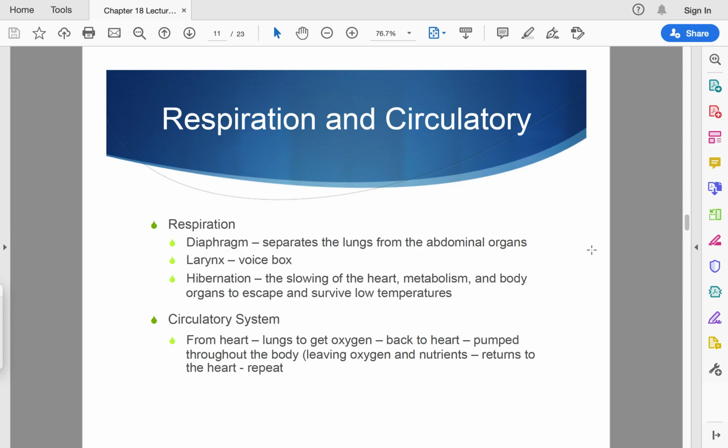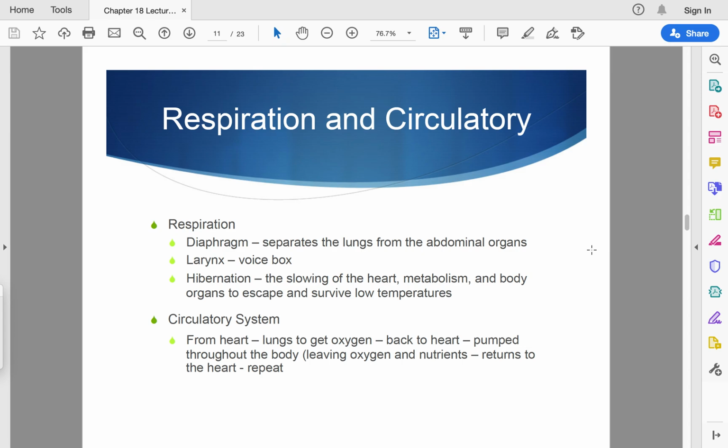As the diaphragm contracts, the air is allowed into the lungs, and then as the diaphragm relaxes, air is pushed out. Okay? As that air is pushed out, the larynx allows that air to make noise. And this is how mammals make noises. And as humans, this is how we speak.